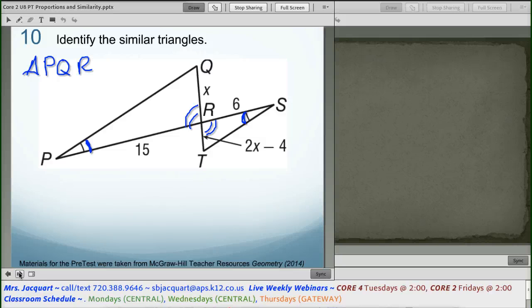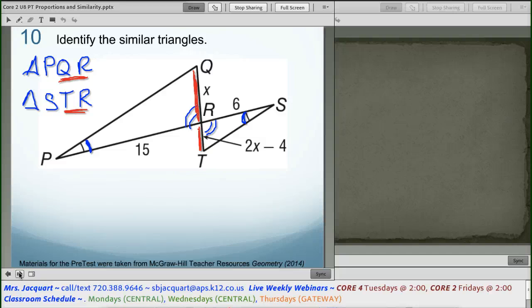Now it has to match the other triangle, which is STR. So that way we know what sides we need to match up. So if I'm going to match up QR, it has to match with TR. So there's my QR, and here's my TR.